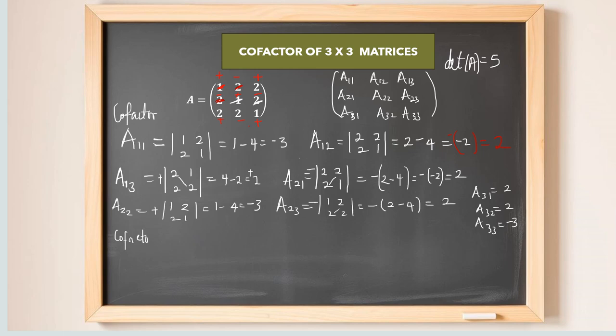So our cofactor of A is going to be, following this matrix, A11, which is negative 3, A12, which is 2, A13 is also 2, and the next line we have A21, which is 2, negative 3, 2, and the last one we have 2, 2, negative 3.